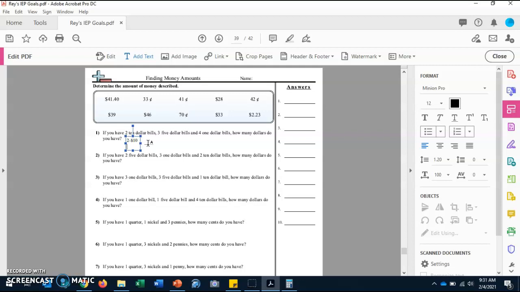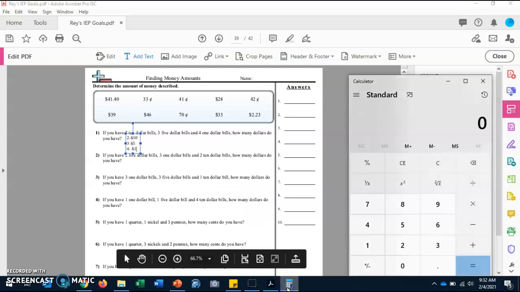Then she has 3 of $5. And then she has 4 $1 bills. And they want to know how many dollars she has in total.